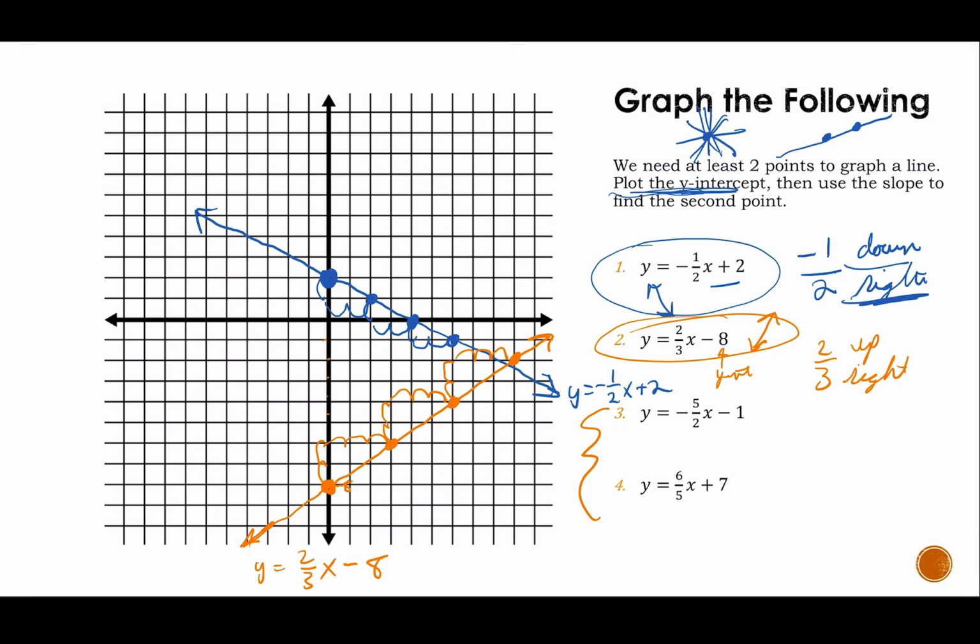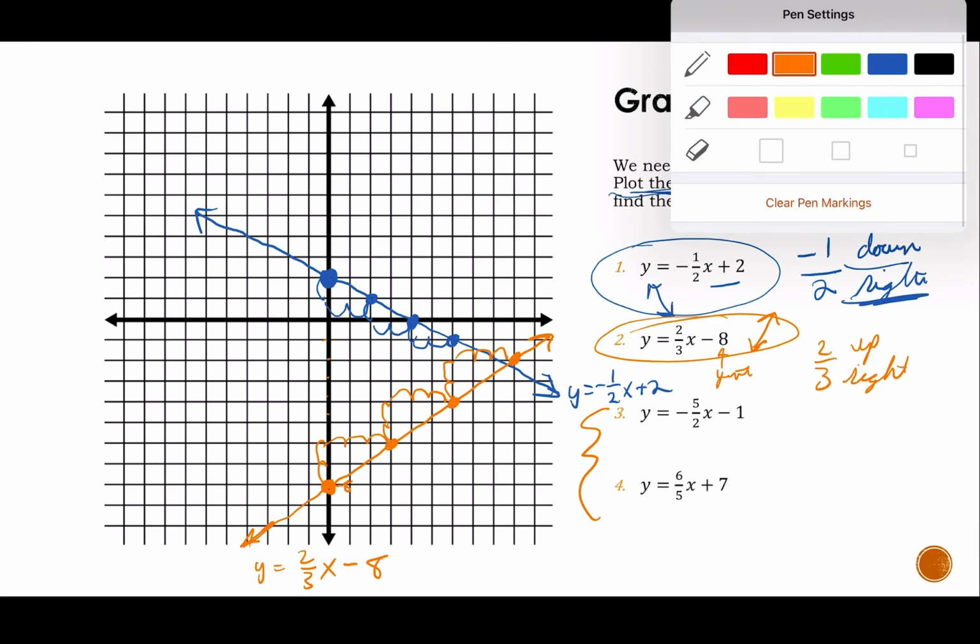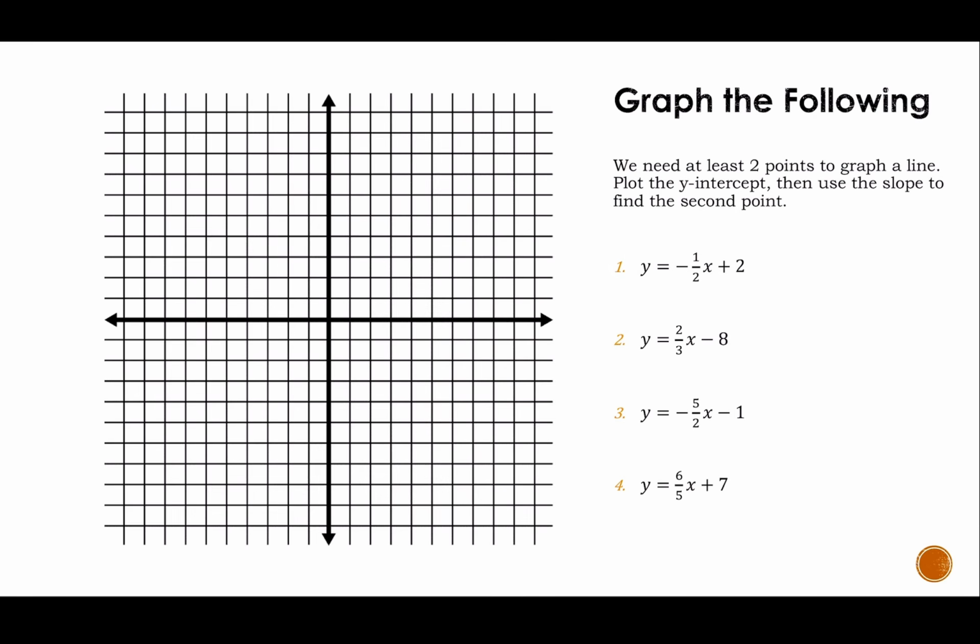I'm going to go ahead and clear our notes so far. So next in blue, I've got y equals -5/2 x minus 1. Minus 1 is my y-intercept. My slope is -5/2, which means I'm going downhill, right? Down 5 and to the right 2. So I go ahead and plot my y-intercept. When y is -1, this is y, this is x.